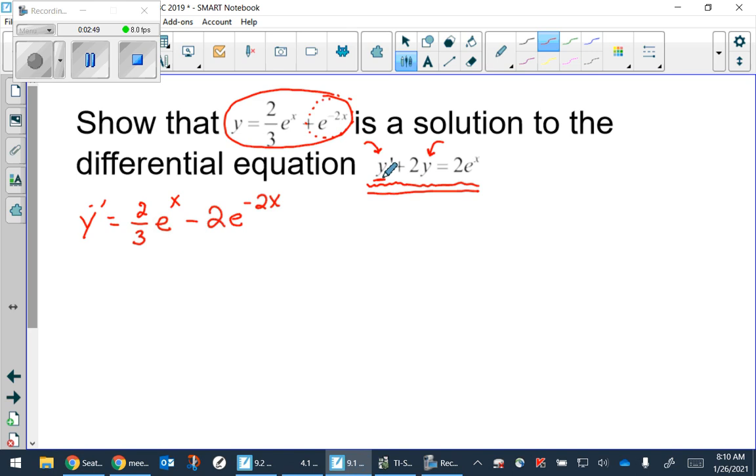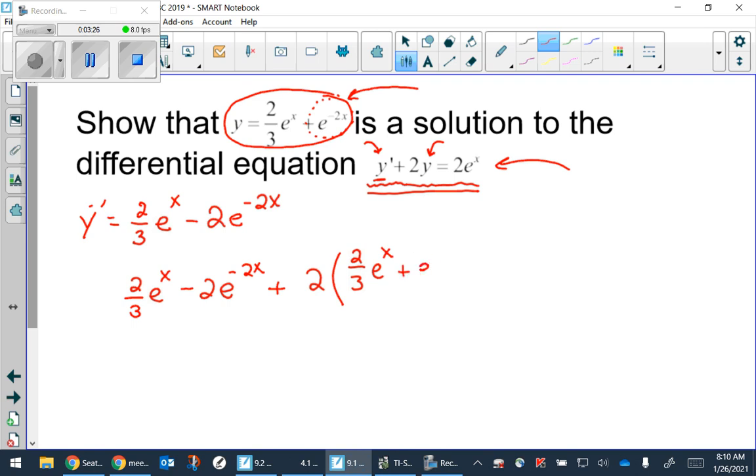Now what I need to do is show that this equation right here is true. If it is, then this potential solution is actually a solution. Okay, so y prime, 2/3 e to the x minus 2 e to the negative 2x, plus 2 times y, 2 times 2/3 e to the x plus e to the negative 2x.